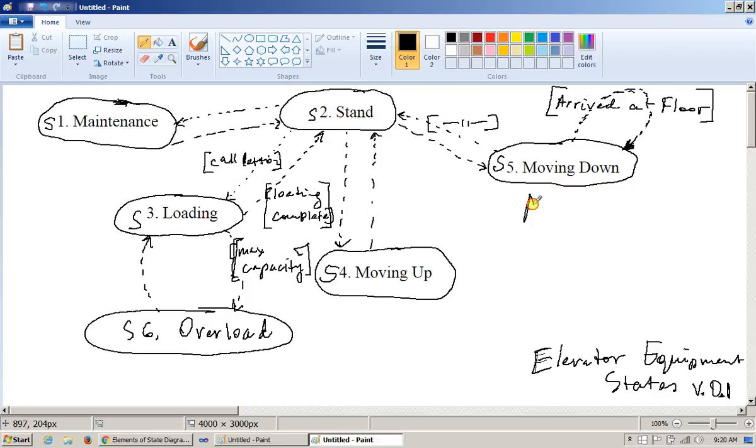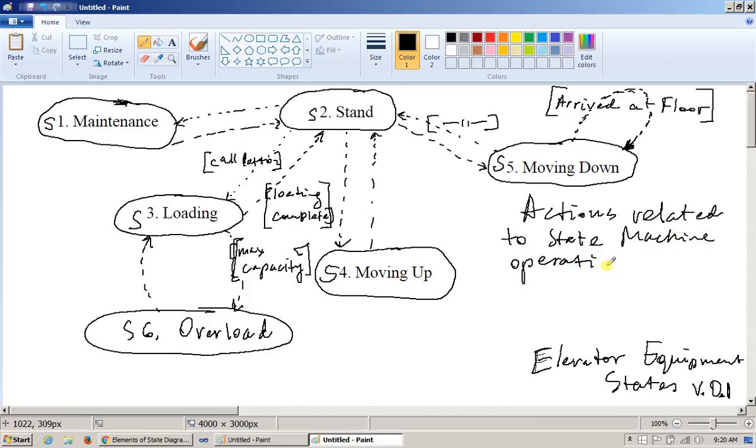So actions related to state machine operation, three types. Clearly, state transition. A state transition could cause an action to be performed, or a set of actions, so it could be multiple actions.